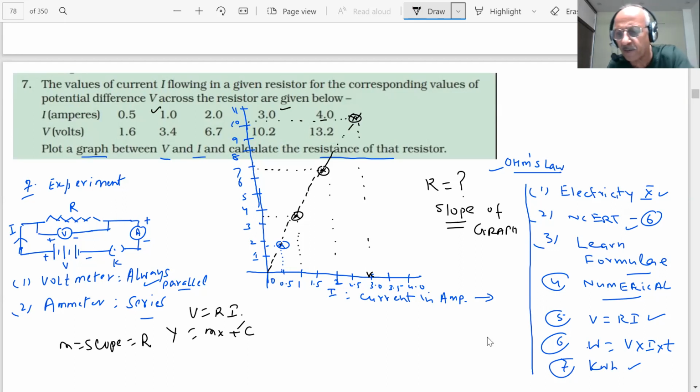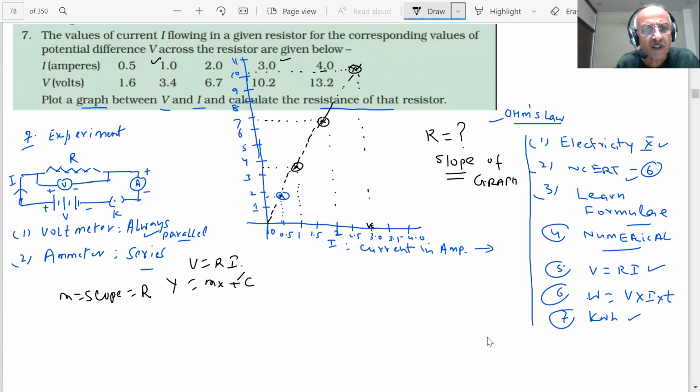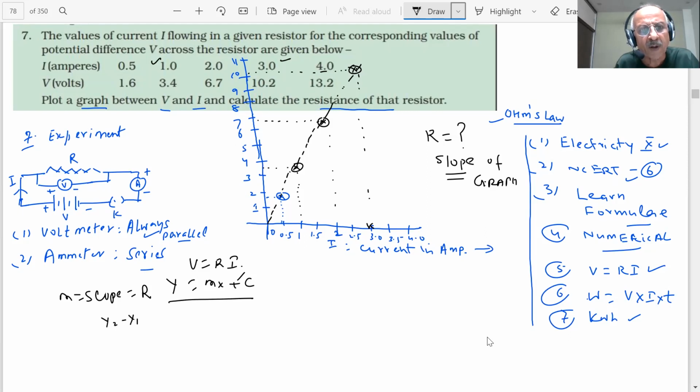How do you calculate the slope? Slope of a line, this is the equation of a straight line: (y2 minus y1) by (x2 minus x1). That is the slope, which is equal to R here. So if I take 1 amp, this is my y value I'm taking at 1 ampere.